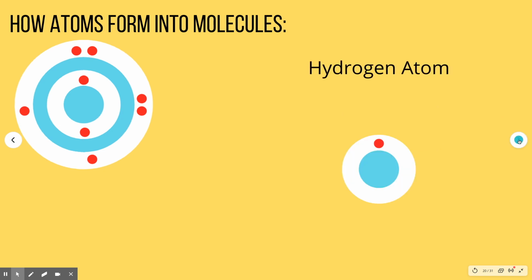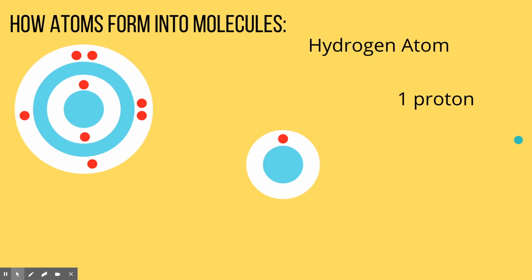Let's bring in our hydrogen atom. So let's take a further look at hydrogen. Hydrogen, we know, has one proton. It is the very first atom on the periodic table of elements, and it is the most abundant atom in the entire universe. All of the atoms floating in outer space, the majority of it is hydrogen.